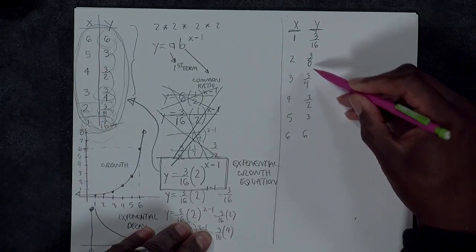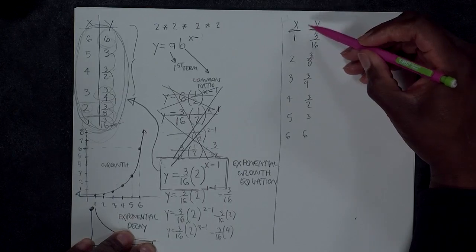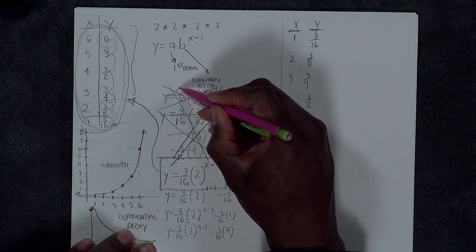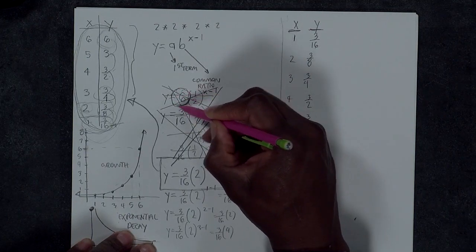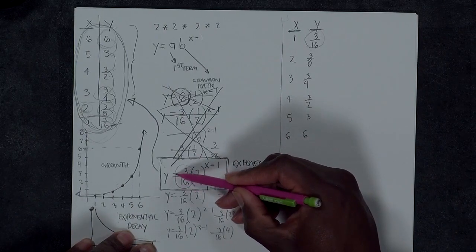If I would have written it the way I should have, it would have been clear that my first term was actually 3/16, like I have here, not 6 as I said.